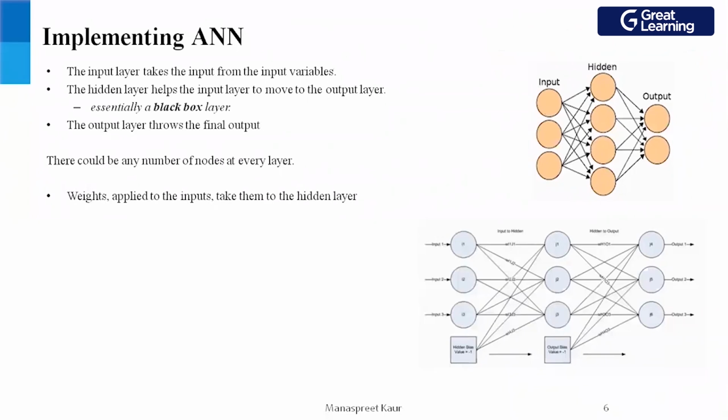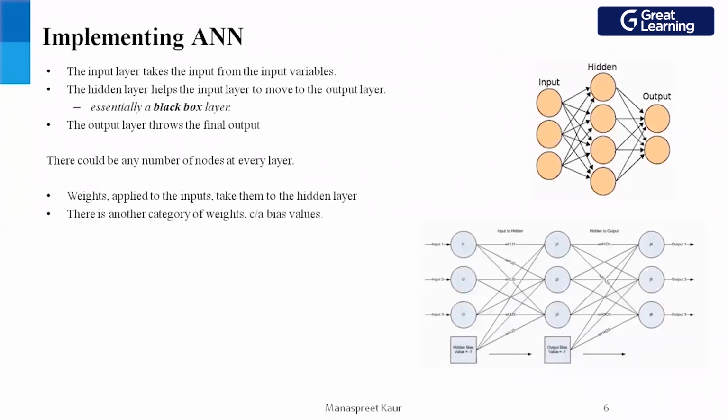So each input variable with some weight applied will go to each neuron in the hidden layer. If there are 3 input variables and 3 hidden neurons, the input I1 will go to each neuron in the hidden layer, and a different weight will be applied when it goes through each neuron in the hidden layer.